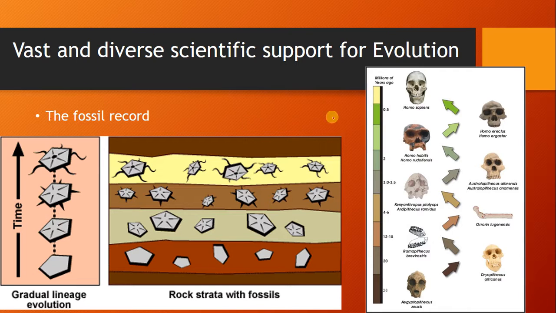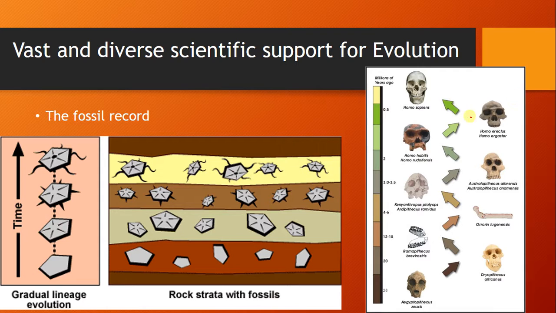The fossil record supports evolution, with a gradual increase in complexity over time. Also, between rock strata, we never see organisms from down here end up in rock strata up here, or ones up here end up down here. There is a linear relationship between the development of species and their fossils and time.